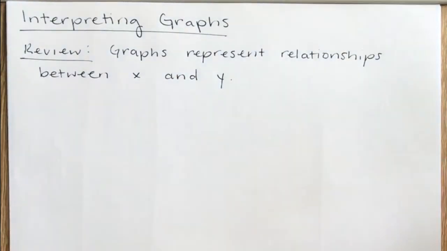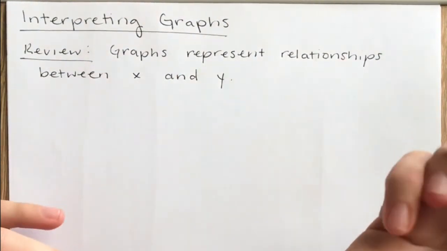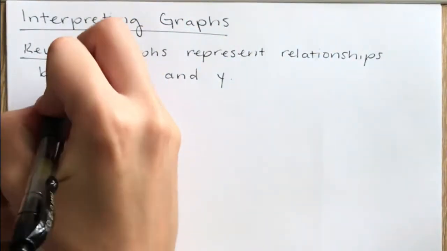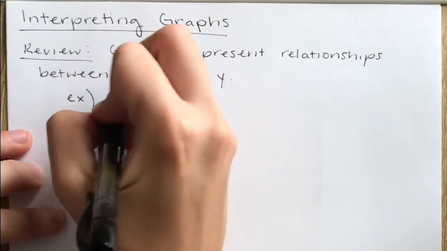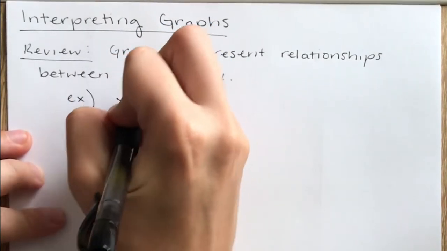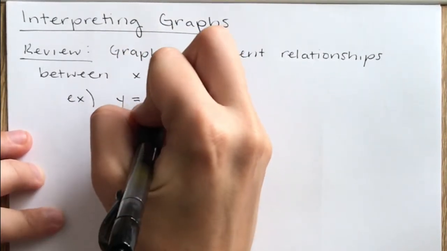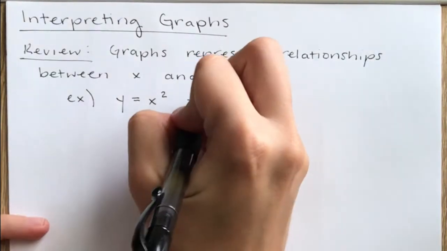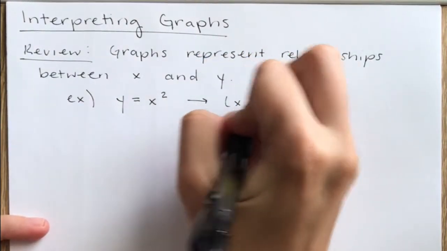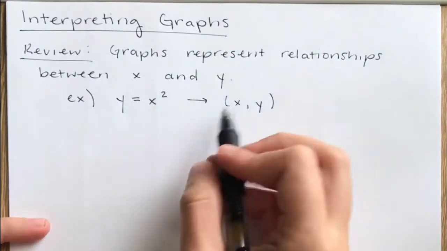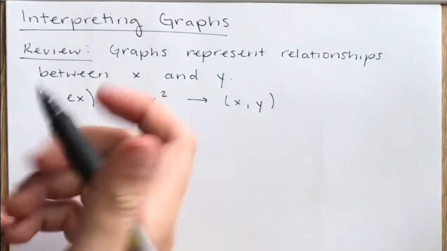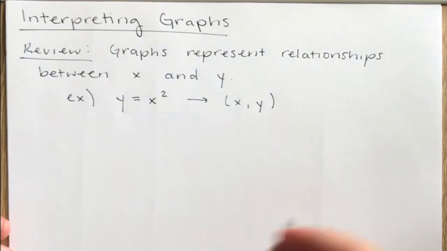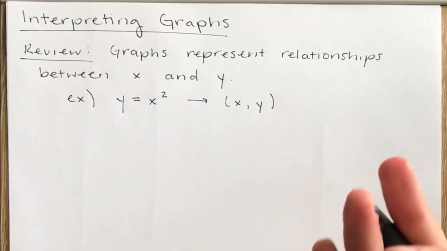So today we're going to explore that a little bit more, right? And we looked at the example y equals x squared, and we looked at that graph. Then we looked at some points, right? X and y. Talked about that relationship. So today we're going to talk about when those relationships are functions.